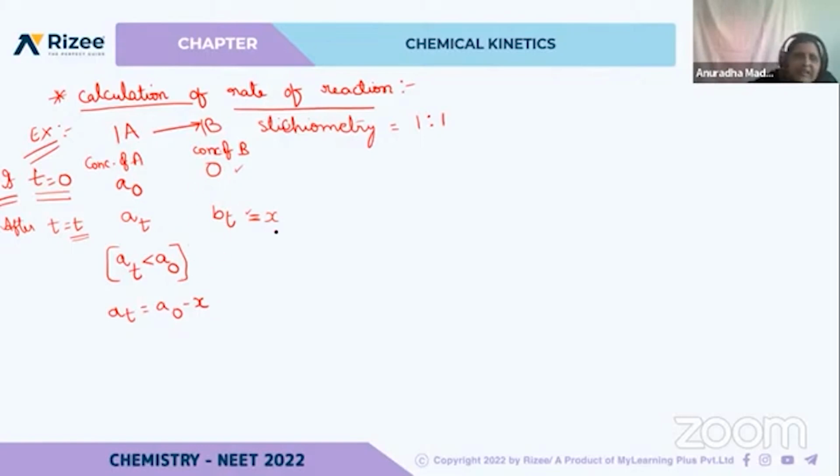And the same X concentration will be of B, because after some time, the quantity of A reduced is equal to the concentration of B produced.